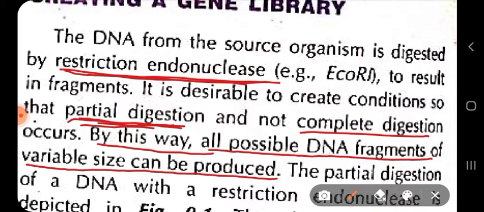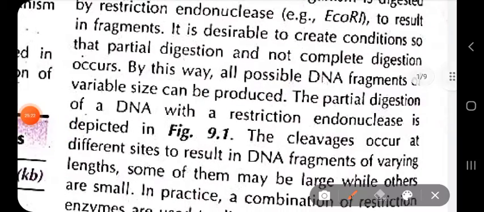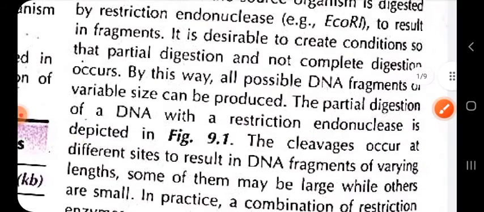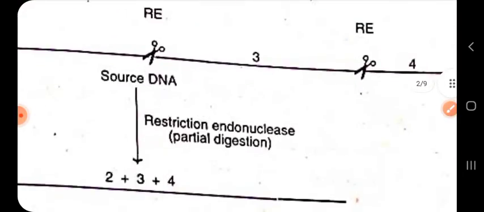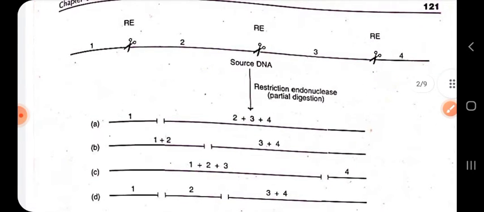So we can create a series of different DNA fragments. This partial digestion of DNA using a restriction endonuclease has been shown in figure 9.1. Let us see the figure so that we can understand what I have tried to say.